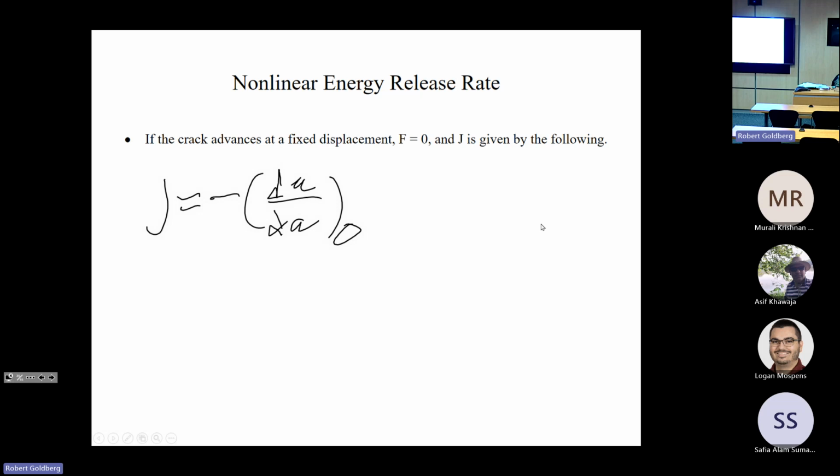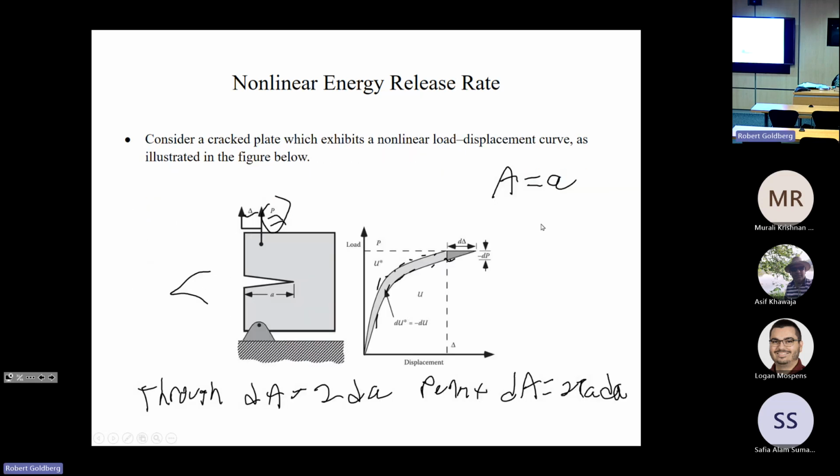So what we have is if we look here, our change in strain energy, this dU star for load control is just equal and opposite to our change in strain energy from displacement control, and the difference here is just the area of this little triangle, which is 1/2 of dP times d delta.